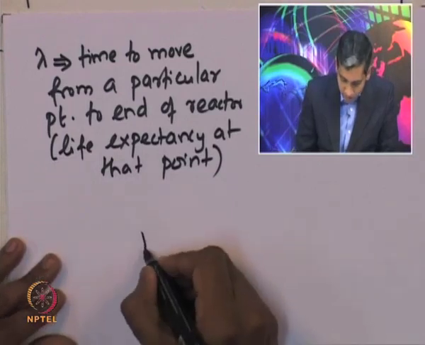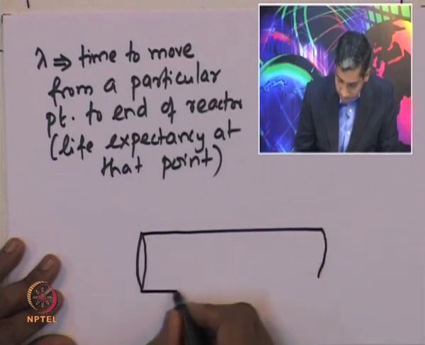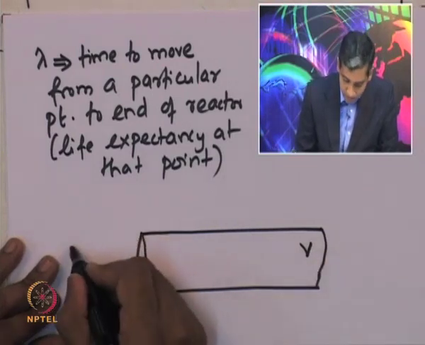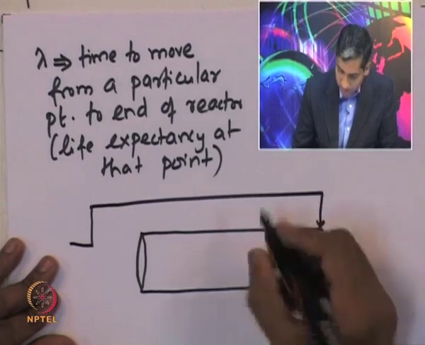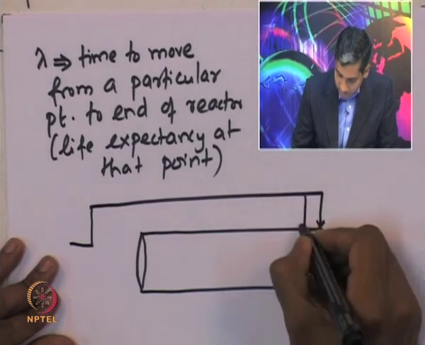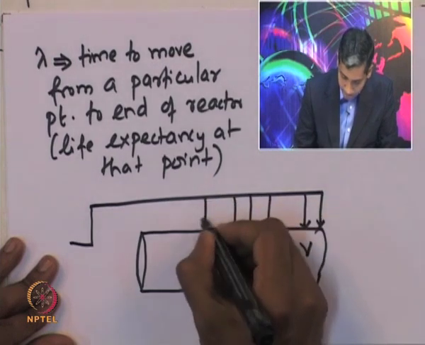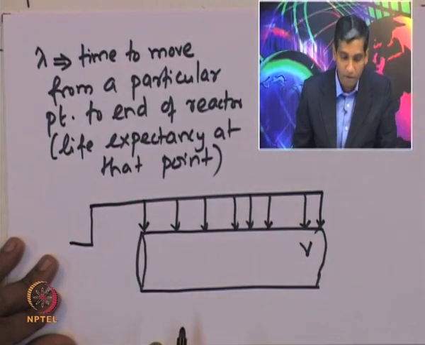So, now we can draw a schematic of this reactor. Suppose this is the plug flow reactor with a volume V, and then we feed the reactor with fluid along the sides, according to a certain residence time distribution function.